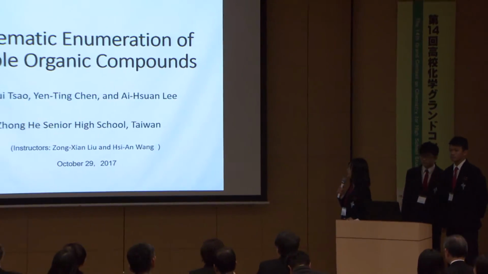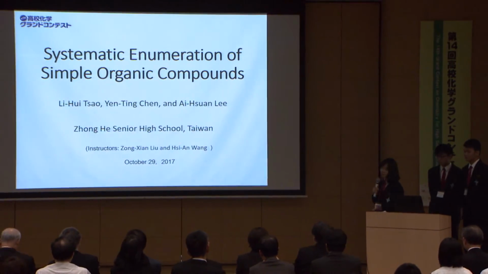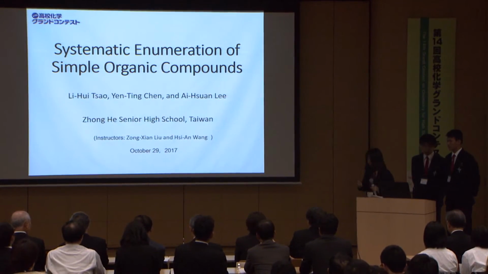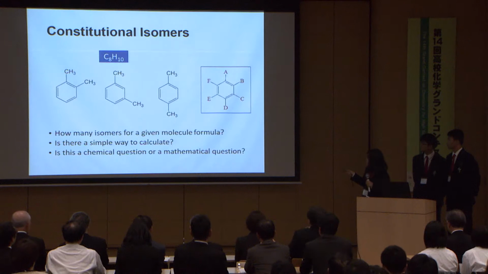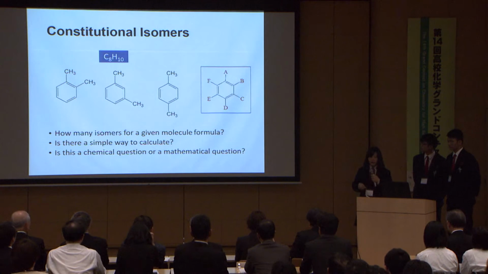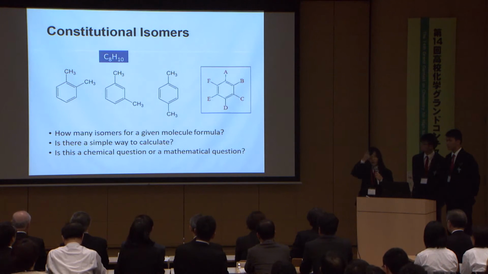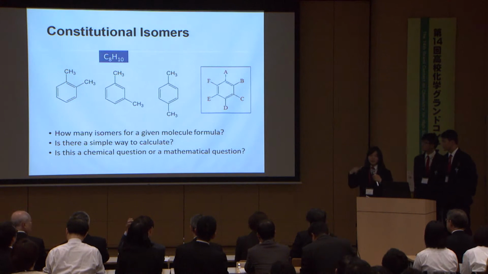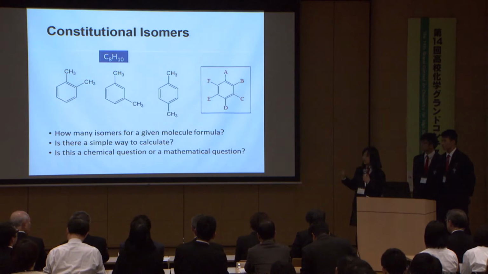We are from Zhong Senior High School, which is located in Taipei, Taiwan, and our research is the systematic enumeration of simple organic compounds. About the motivation: it comes from dimethylbenzene, which our chemistry teacher mentioned in class.